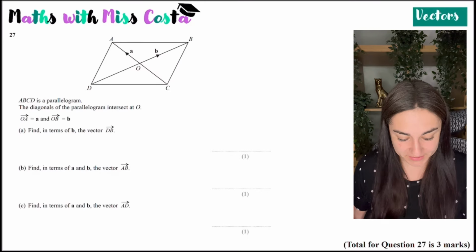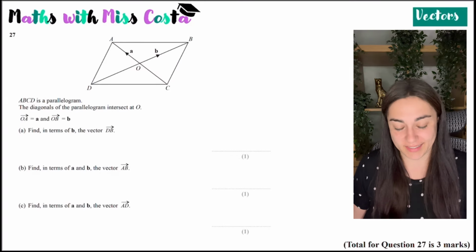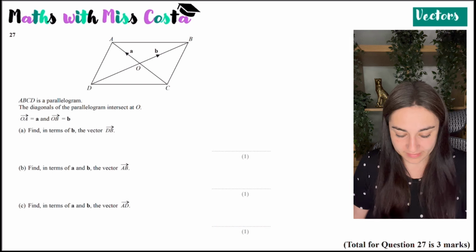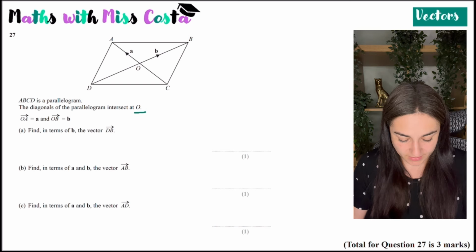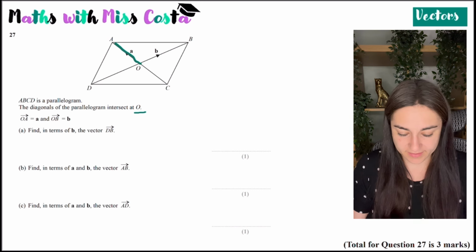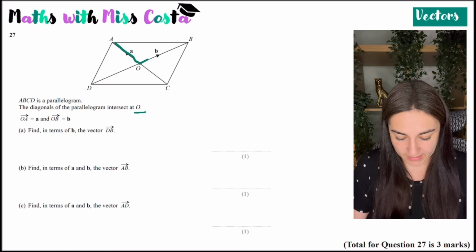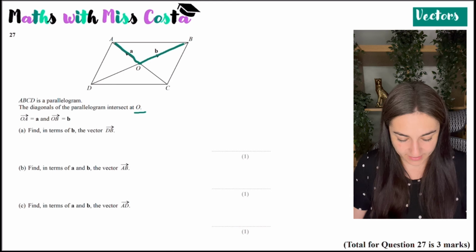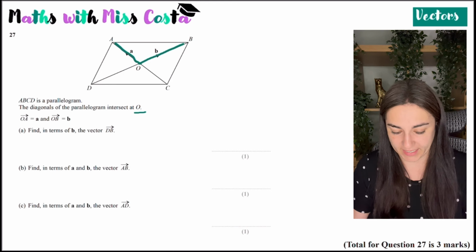Okay, so in this question, I'm told that ABCD is a parallelogram and that the diagonals of the parallelogram intersect at O. So I know that OA is A, and OB equals B. I need to find, in terms of B, the vector DB.